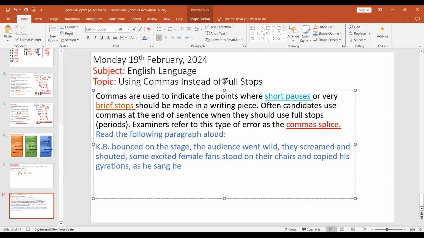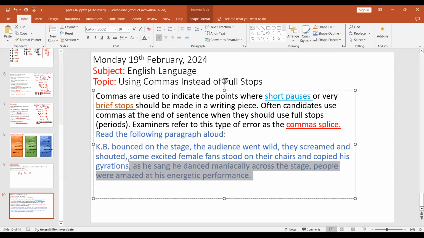He danced maniacally across the stage. People were amazed at his energetic performance.